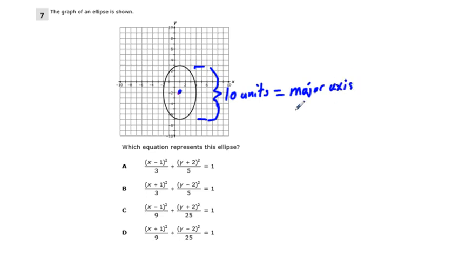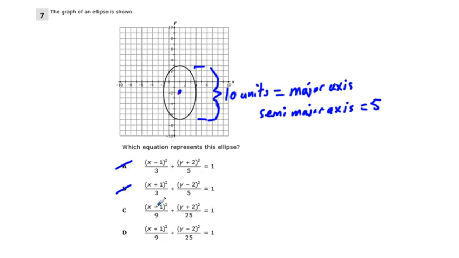So our semi-major axis is equal to 5. And so we're looking at some place where we have 5 squared, or 25. So A and B are going to be disqualified based on that alone.